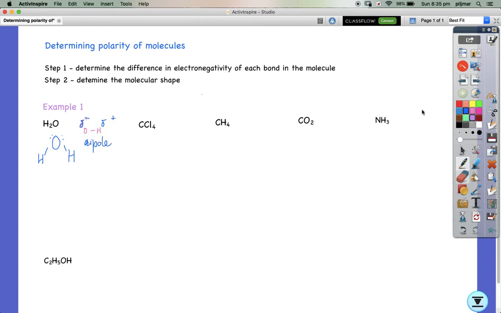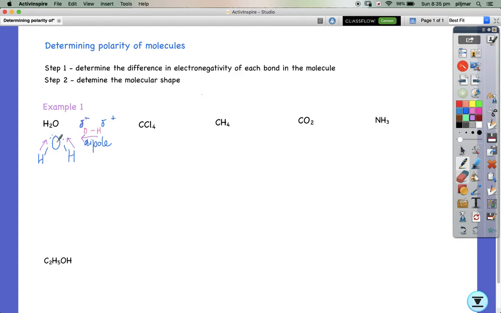If we have a look at the molecule shape itself, the other thing to note is that we're going to do a little bit of work in vector addition. The arrow is always pointed in the direction of where the electrons are going to be attracted. In this particular instance, we've got a net attraction of electrons in the direction of the oxygen atom.